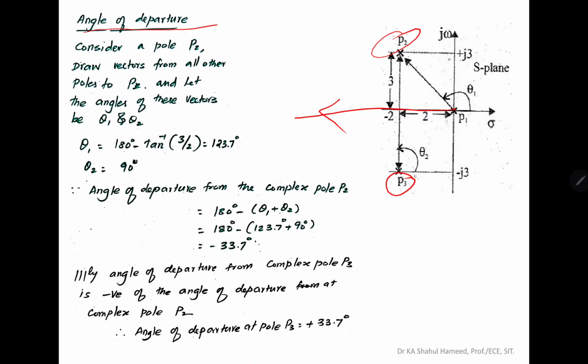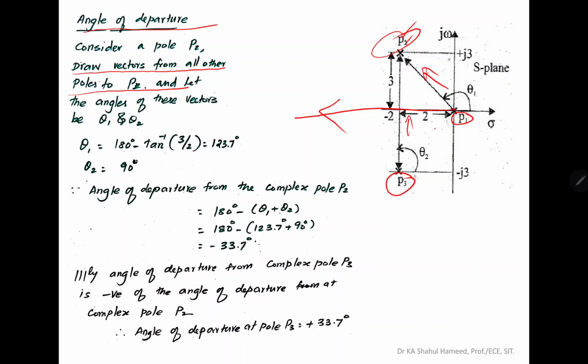For example, if you are taking pole 2 and you want to find the angle of departure, we have to draw vectors from all other poles to P2. So this is P2. We have three poles. One pole is here, P1, and another pole is here. You have to draw a vector from P1, and this is the vector, and another one, this is the vector.